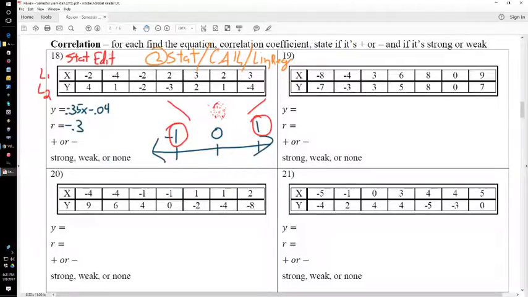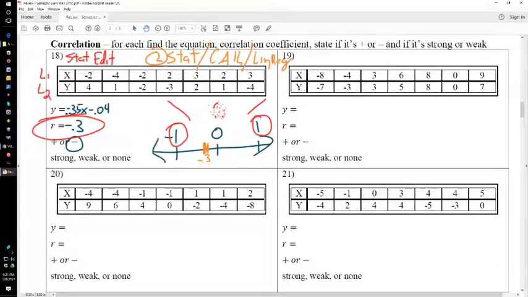First things first, the correlation is negative, simply because R is negative. Correlation coefficient is that number that's on this spectrum over here. This one is -0.3. It's right there. So it's negative because it's on the negative side.